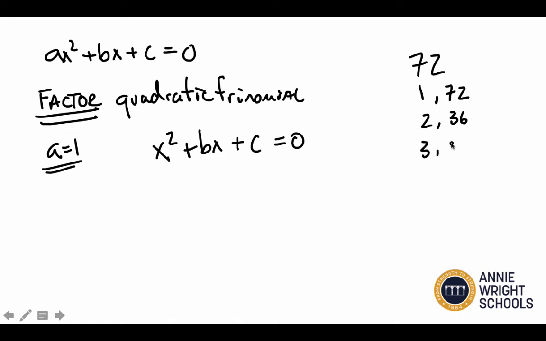There's a lot. 3 and 24, 4 and 18, 6 and 12, 8 and 9. And now I know we've got them all. These are called the factors of 72. Factors meaning these numbers multiply to 72.